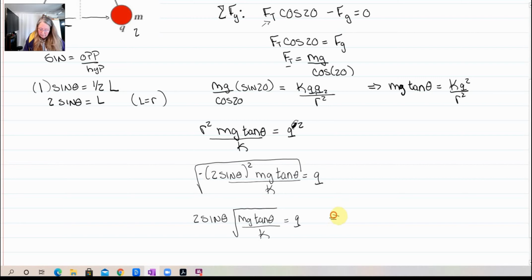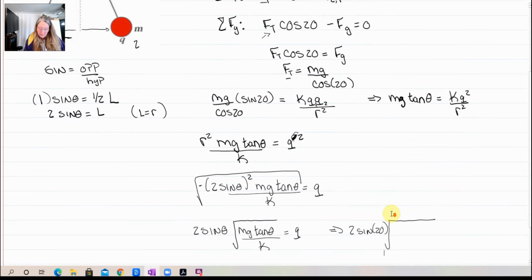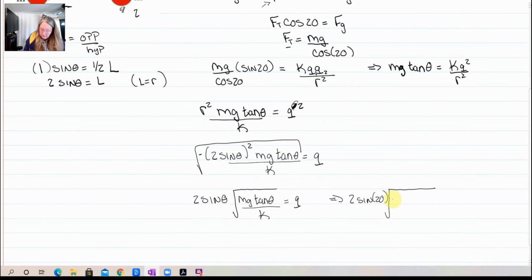So it goes to 2 times sine of 20 and the square root of mass. The mass is in grams. There are 1,000 grams in a kilogram, so 3 times 10 to the negative 3 kilograms.